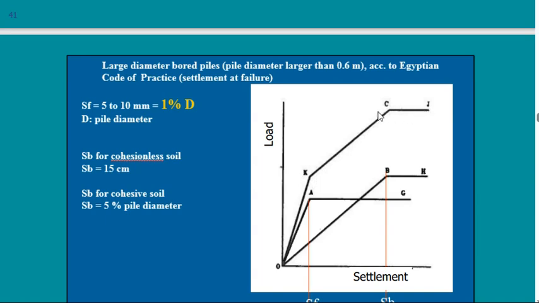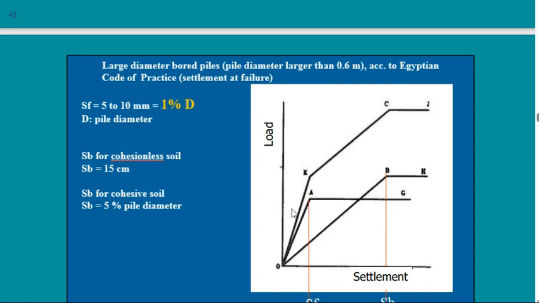These are the summation of two parts. The first part is related to the end bearing, and the second part is related to the friction. These are 2 separate curves, so I have to draw this first and draw this later and superpose or sum them together. How to do this?